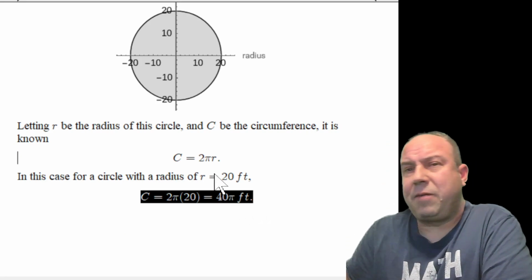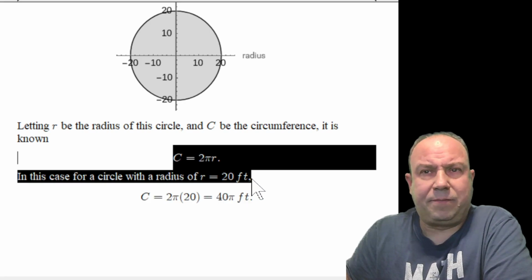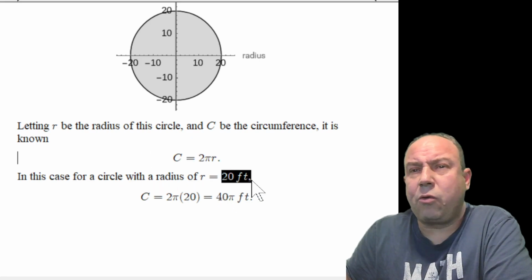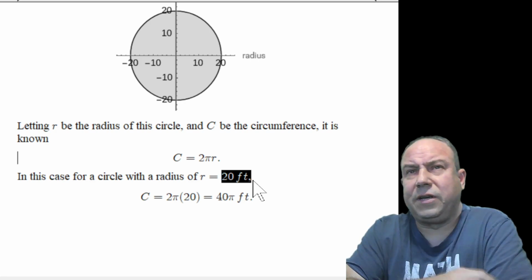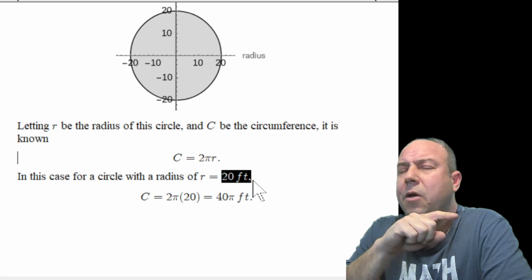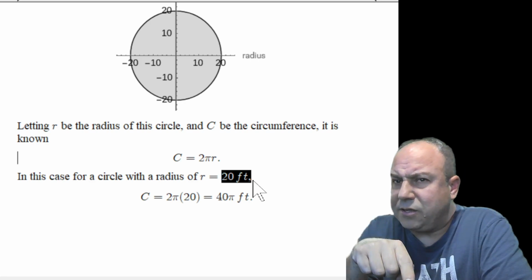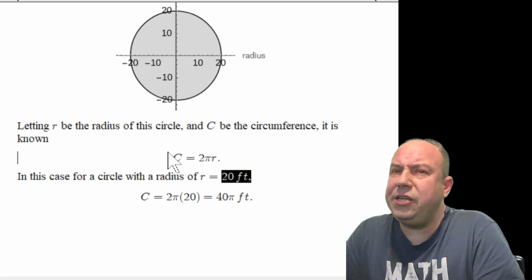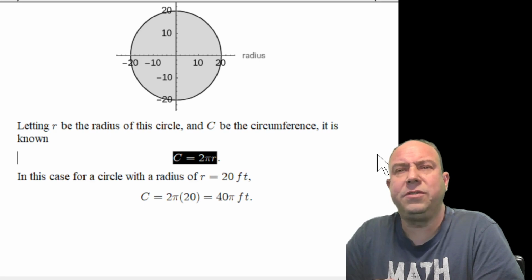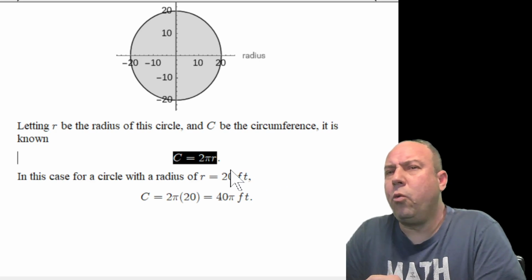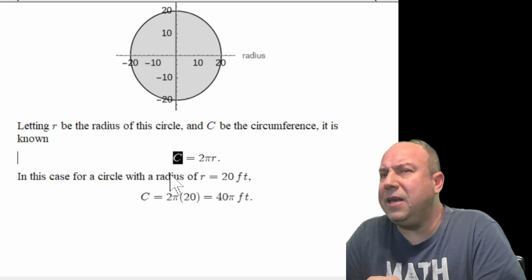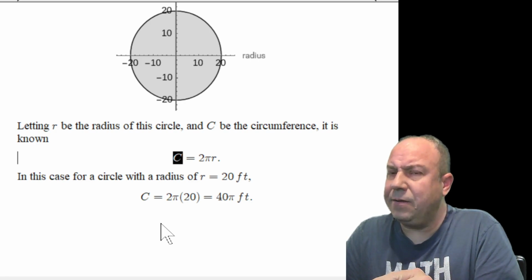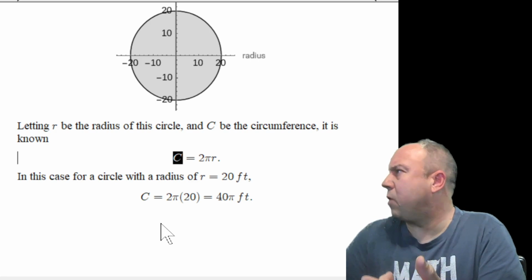Now, that is not a related rate problem. That is a geometry problem, where we are calculating circumference using the radius of our circle. What is going to make this a related rate problem is if we think about the relationship that exists between these two variables, where we're looking at the rate of change in C with respect to some other parameter.